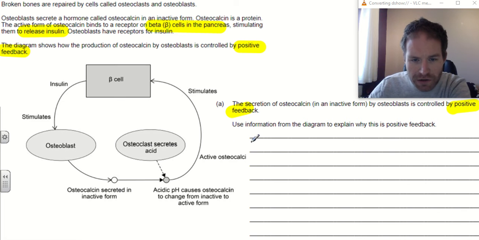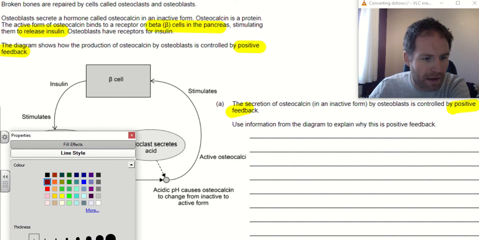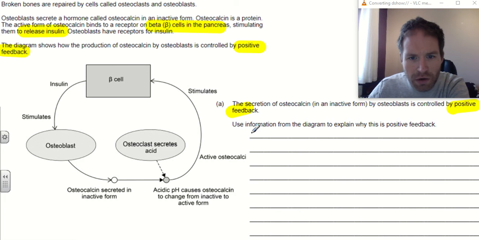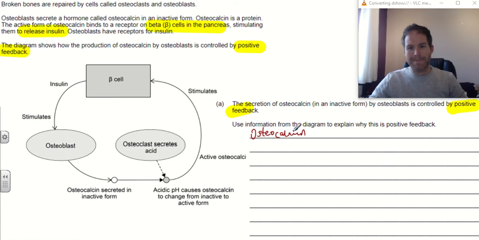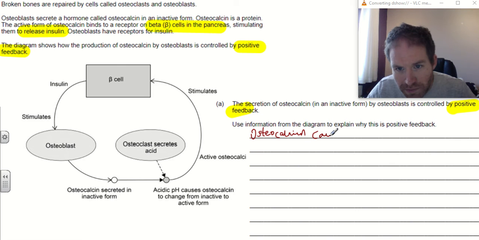So we've got osteocalcin. Osteocalcin causes, that's important, more insulin to be secreted.